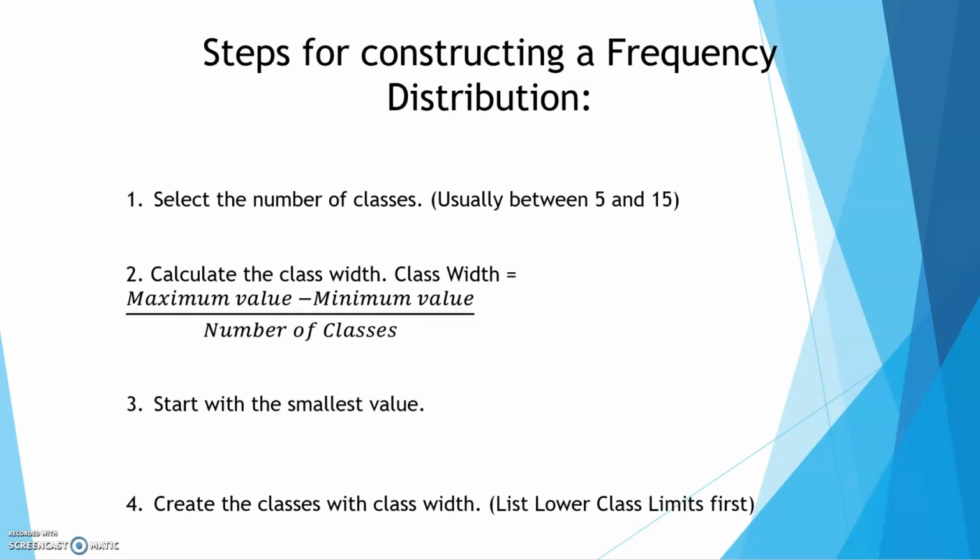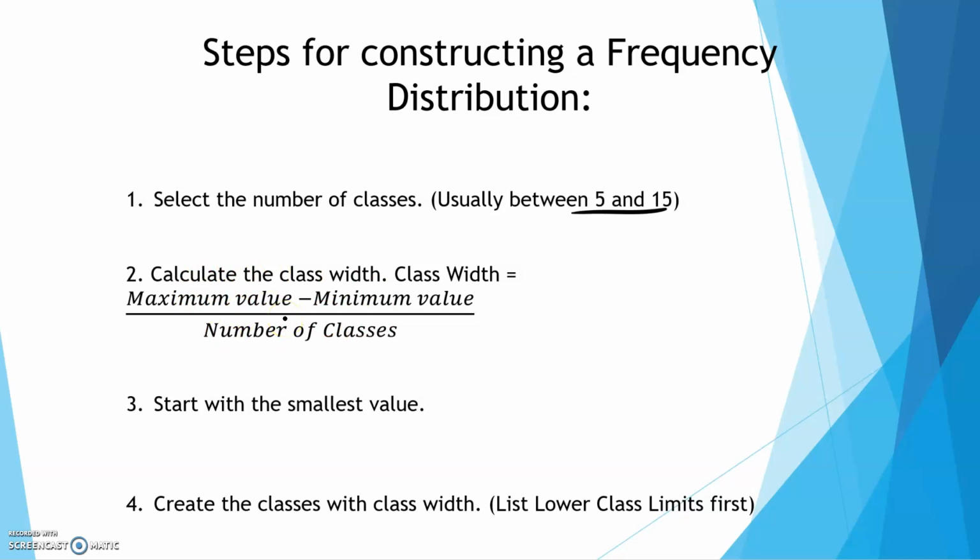Okay, so in order to make this frequency distribution, the first thing you want to do is select the number of classes, and usually that's between 5 and 15. For the test, I go ahead and give you how many classes you will need. Number 2, you need to find the class width, and it has this formula right here. It's always the max minus the min divided by the number of classes.